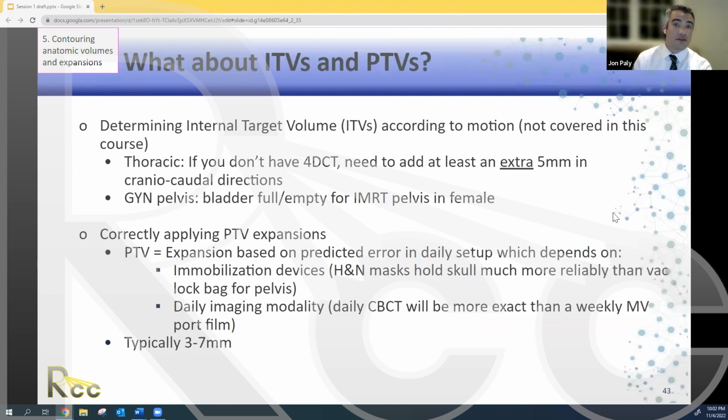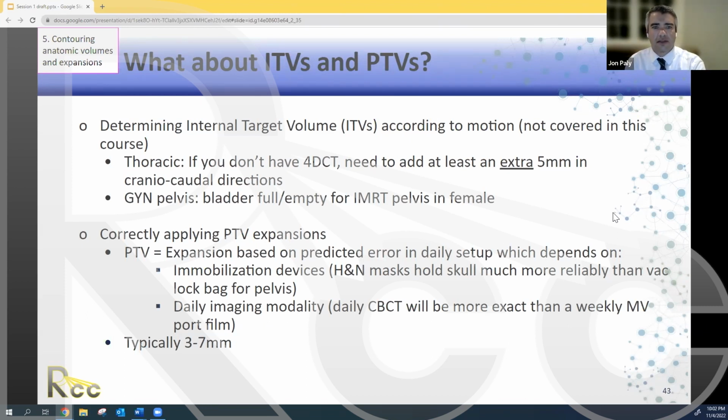So what about ITVs and PTVs? We're not talking a lot about radiation setup here, but I do think these are important to talk about, even though I'm not going over simulation and hardware and that type of thing too much. Determining your internal target volume to account for motion is important.